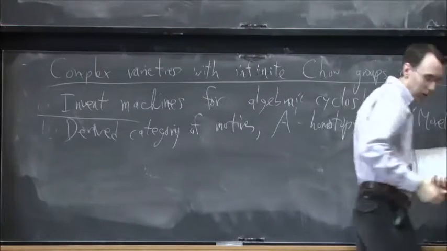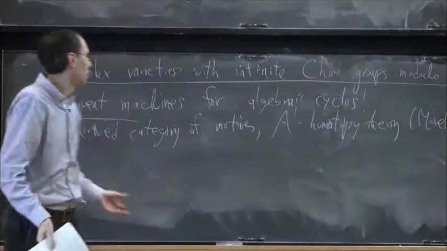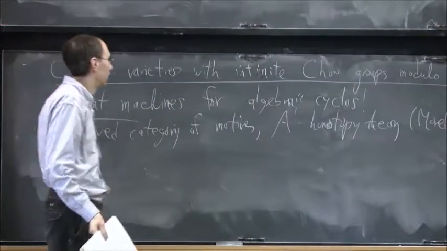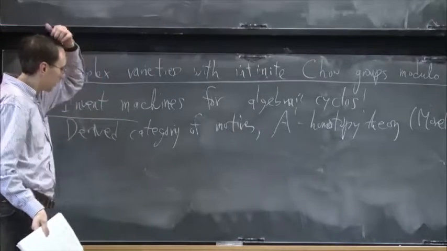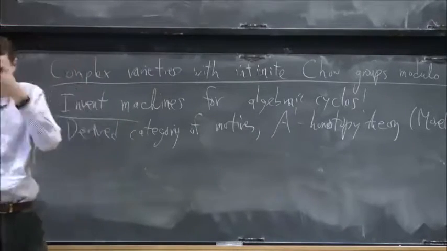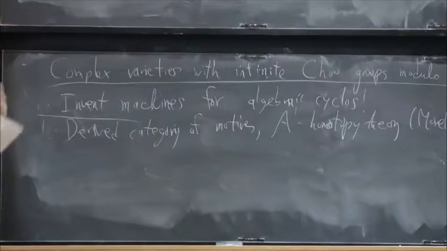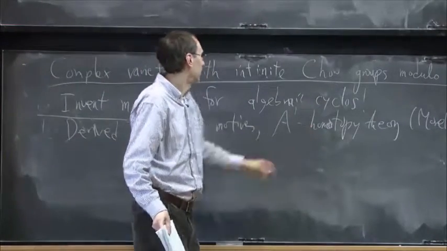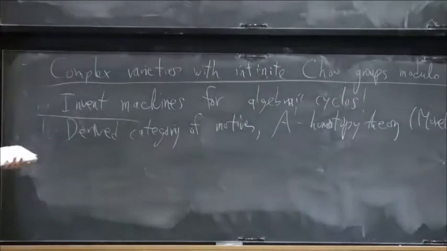People have always imitated homotopy theory in algebraic geometry, but there's really something to be said for making a precise category where essentially everything in homotopy theory can be imitated.